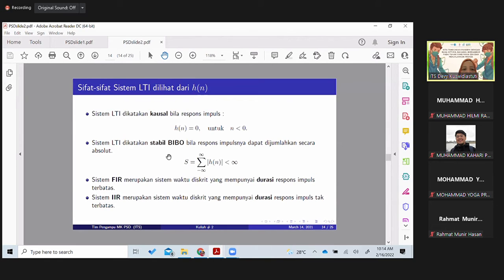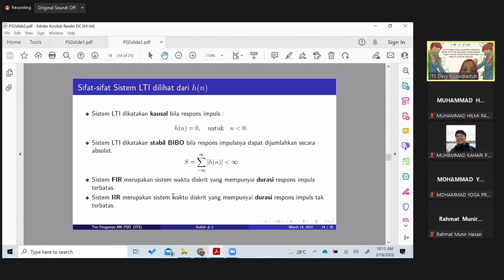Then next properties, based on its impulse response, you could classify linear systems into two different types. The first one is finite impulse response.